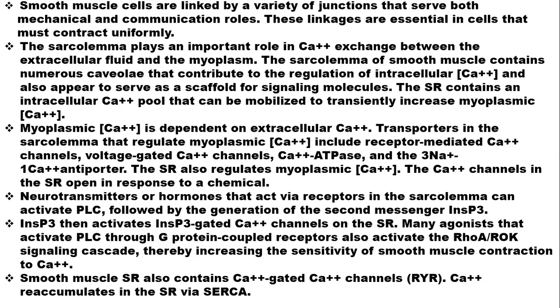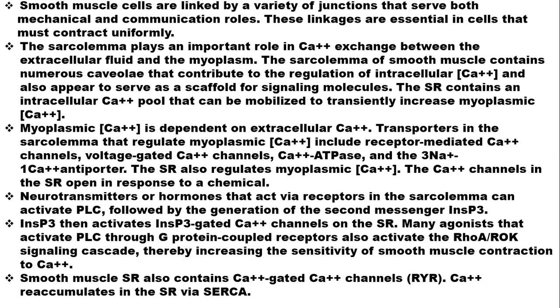Many agonists that activate PLC through G protein coupled receptors also activate the ROK signaling cascade, thereby increasing the sensitivity of smooth muscle contraction to calcium. There is a change in sensitivity of smooth muscle contraction to calcium.